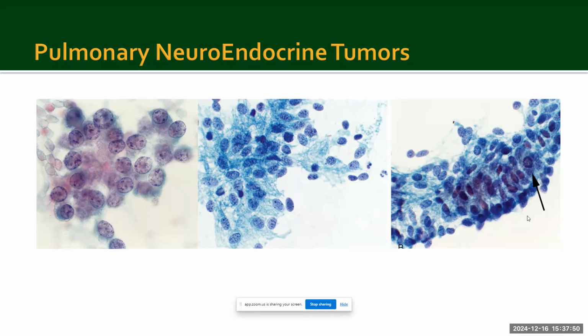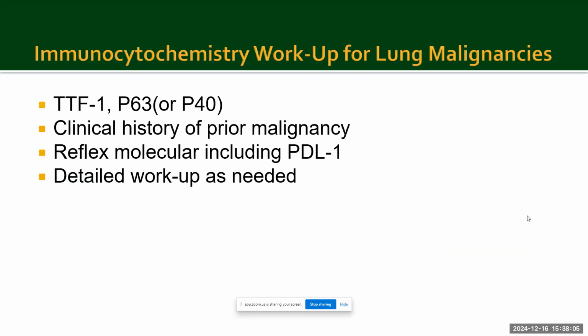So, to me, with any lung cytology sample that I get, my first intention is to identify whether there is carcinoma or any malignancy in the specimen or not. And I do not usually reflex immunostain unless the patient has a pertinent history or imaging findings. If the patient has a history of prior malignancy, or imaging findings are suspicious of metastatic foci, then I would do the markers based on what the prior history was.